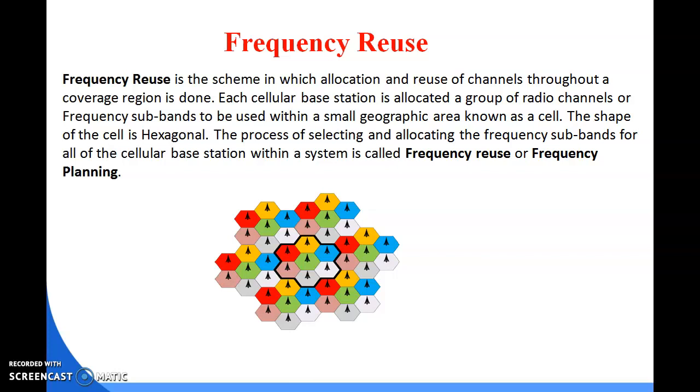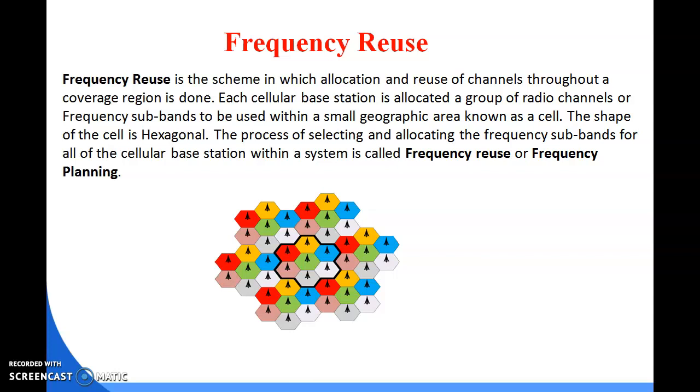Frequency reuse is a scheme in which allocation and reuse of channels throughout a coverage region is done. Each cellular base station is allocated a group of radio channels or frequency subbands to be used within a small geographic area known as a cell.